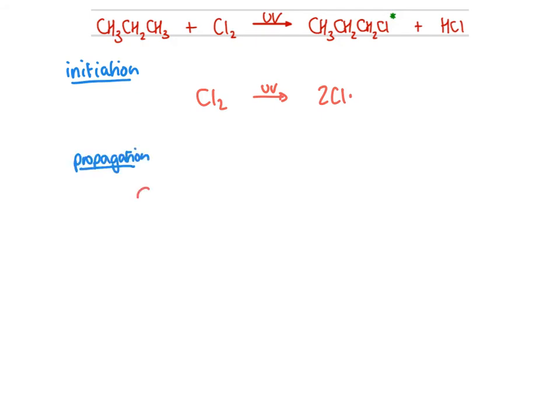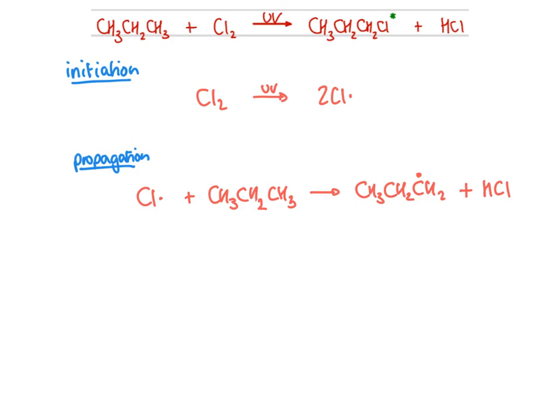So the chlorine free radical is reacting with our propane, and we get one of the hydrogens removed, so we end up with our propyl free radical. And notice I'm putting the free radical clearly on that final carbon, which is the one which has lost the hydrogen. And obviously also I get a hydrogen halide, or hydrogen chloride, formed.